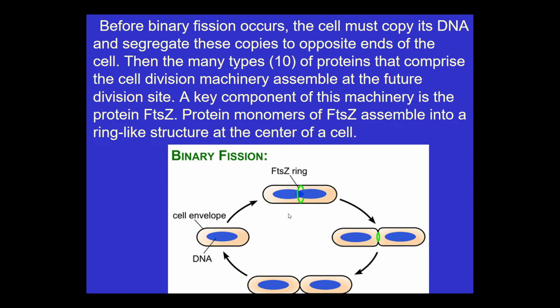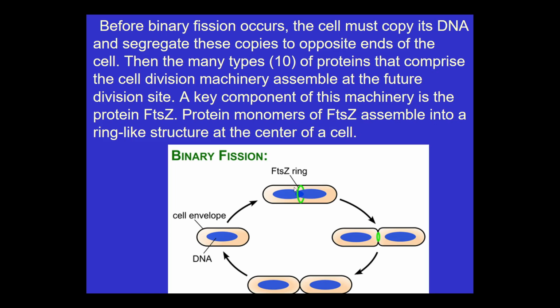Before binary fission occurs, the cell must copy its DNA and segregate these copies to the opposite ends of the cell. Then around 10 different types of proteins that comprise the cell division machinery assemble at the future division site.